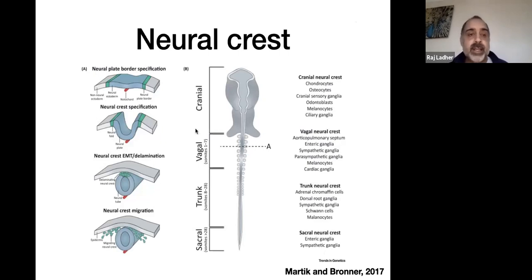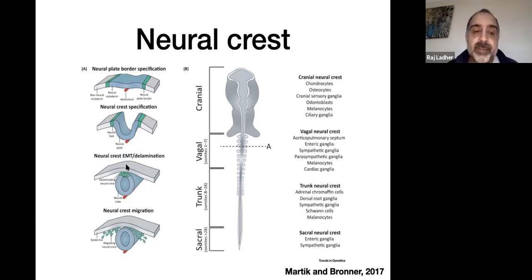So as I mentioned, the neural crest forms from that border between the neural plate and the surface ectoderm. Here, you're looking at this green strip. We'll talk a little bit more about this in a few slides.